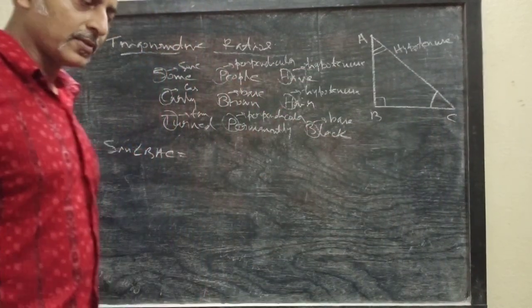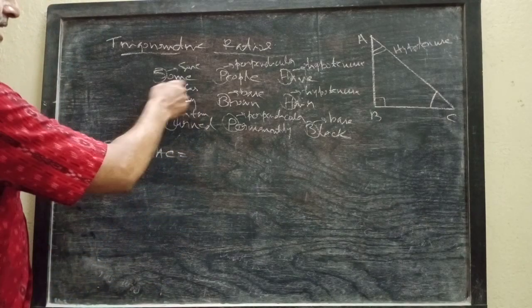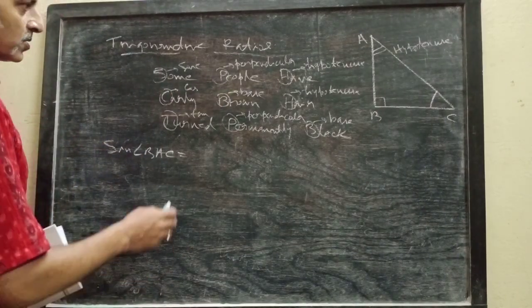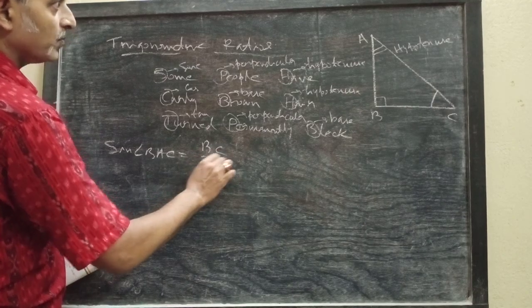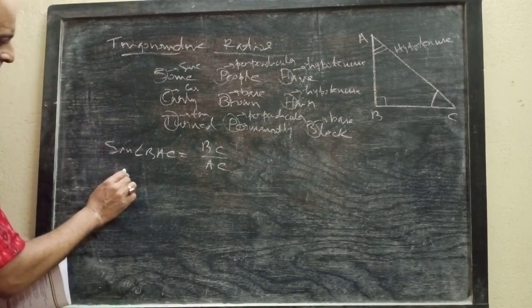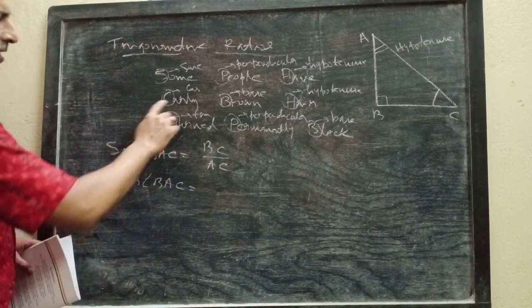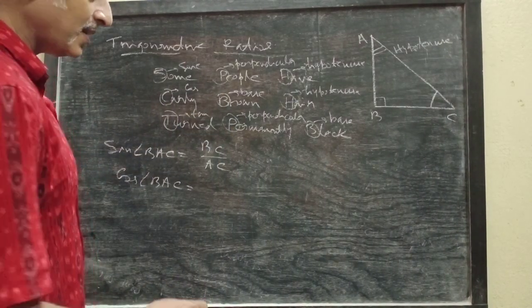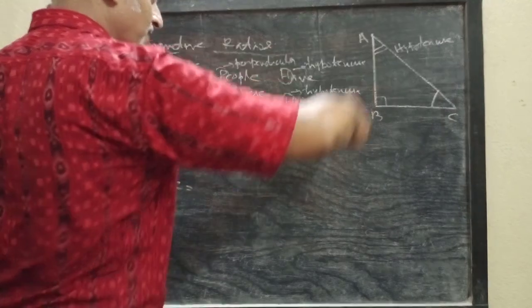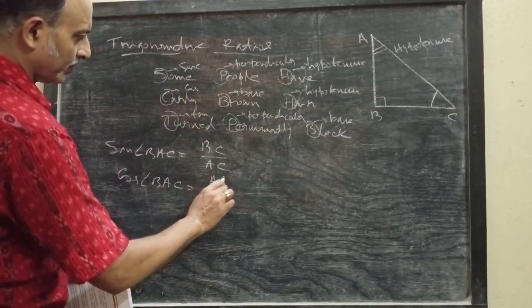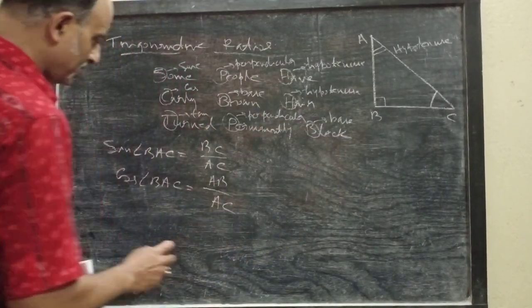AC is always hypotenuse. So sine angle BAC, sine is P by H, so this will be BC by AC. Next, cos angle BAC. Curly Brown Hair. This will be B by H. Here B is base, which is AB. AB by AC.